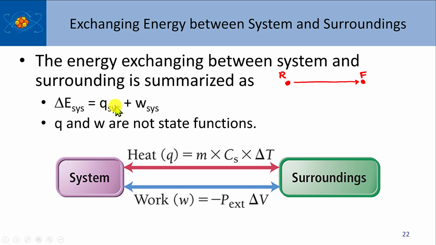That's the Q. So I can get more work out of my engine for the same change in internal energy. On the other hand, if you drive fast, you get less work out of your system because you're going to be generating more heat.